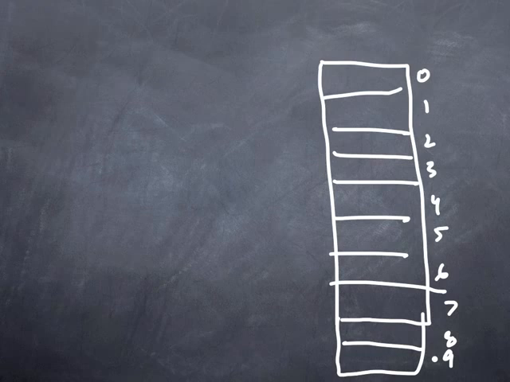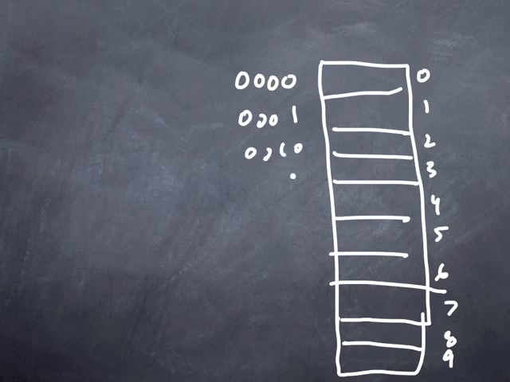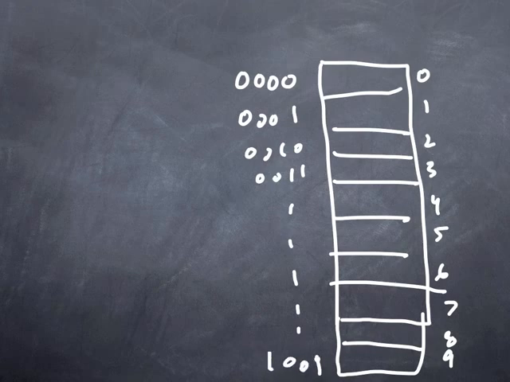But I need at least 4 bits to represent the addressing. If I start from 0, 0, this will be my 0 address. This will be my 1 address, and so on. And this will be 9, 1, 0, 0, 1. So I need at least 4 bits to represent 16 quantities, and 10 lies in that 16 number.